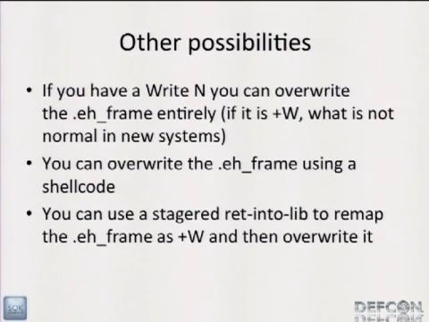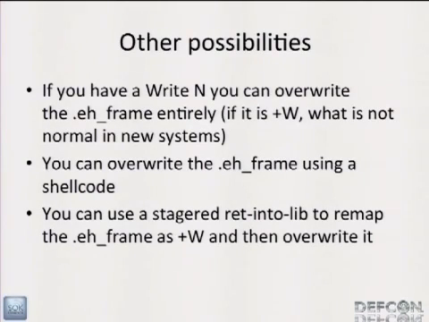You can also use two-stage payloads. For example, you can write a minimalistic payload, a shellcode, which basically will remark the EH frame as writable again, and then you just overwrite it with your DWARF payload. That might be helpful to avoid filters if you want to do some complex computation on the target and there is something being filtered in your shellcode.